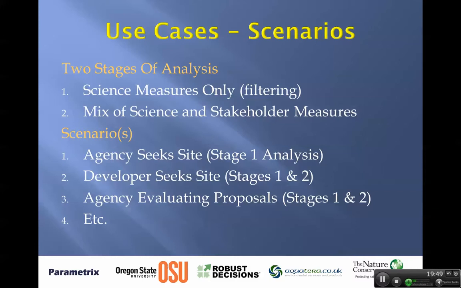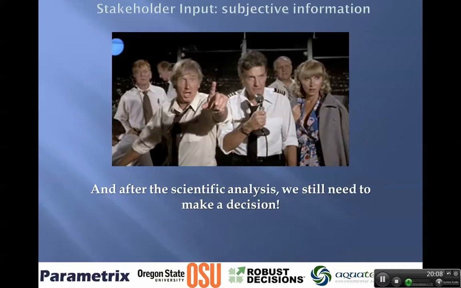Another is mixing science and stakeholder measures together. That's more of a public meeting type setting. And then some, these things would include agencies seeking a good site, developers seeking good sites, agencies evaluating proposals as they come in, and then there's probably many more scenarios that you could also dream up.